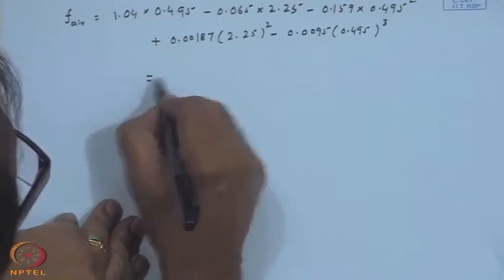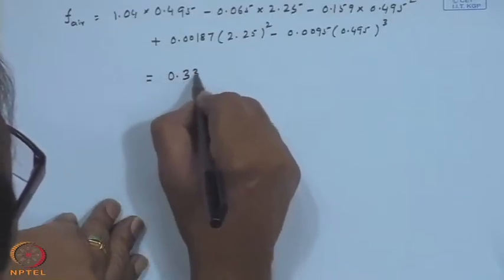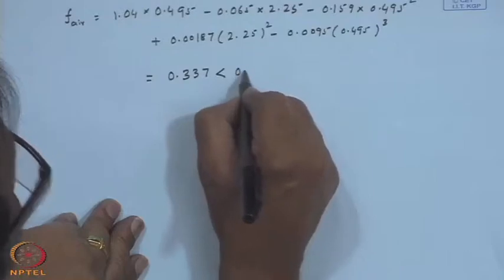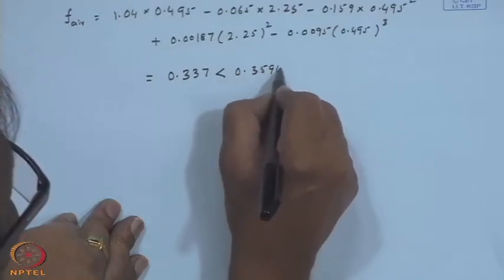This turns out to be surprisingly 0.337, less than your previous value 0.3594.